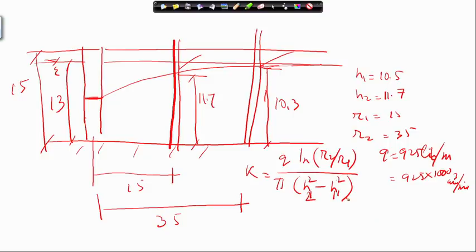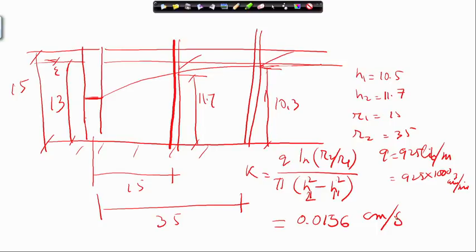So, all the values are given here. If I substitute in this equation, finally, we will get a permeability value equal to 0.0156 centimeter per second.